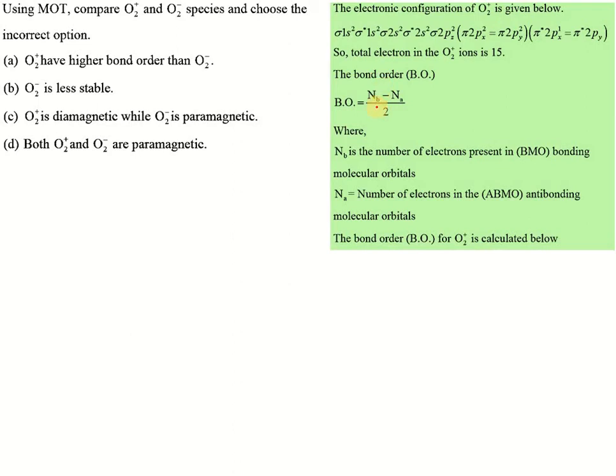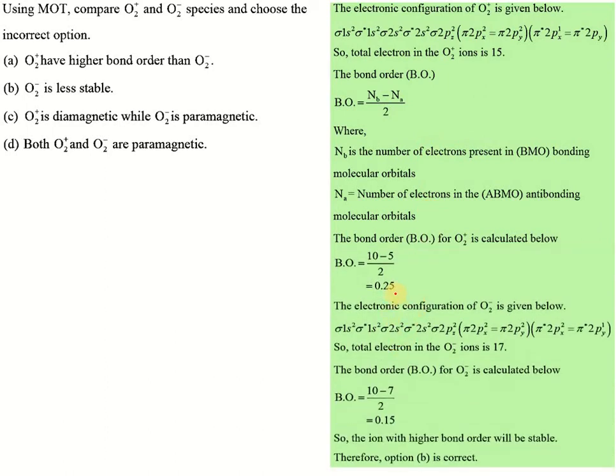For O2+, the bond order calculated for 15 electrons is 2.5. And for O2−, we have one unpaired electron here also, for 17 electrons. The bond order calculated is 1.5.